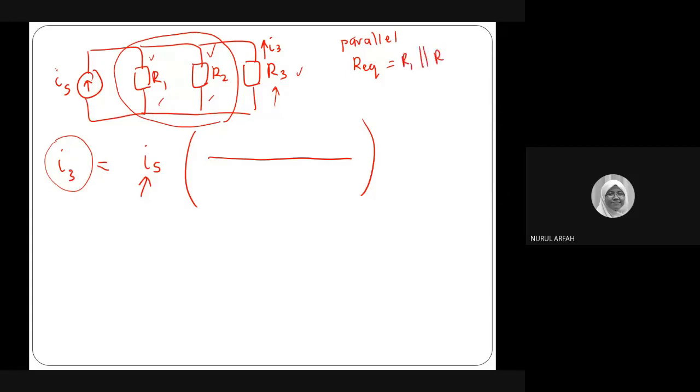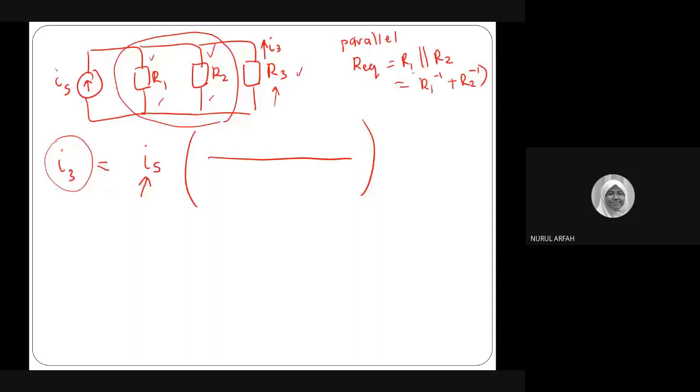Yes, I know they are in parallel. R1 in parallel with R2, right? But you can apply your equation. This is R1 inverse plus inverse of R2. This whole thing is the opposite of R3. So you can put what here?